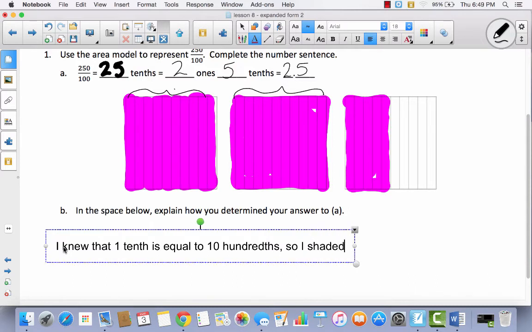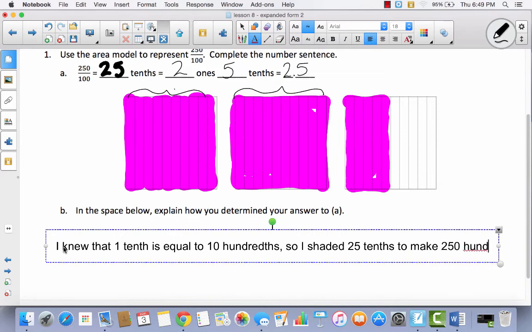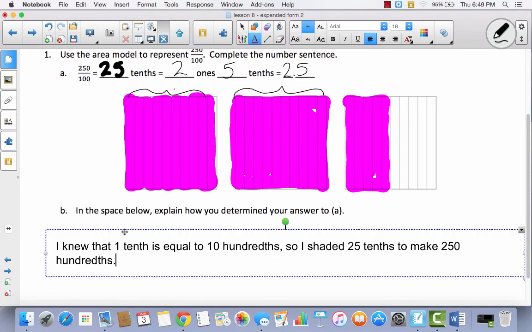So I shaded 25 tenths to make 250 hundredths. Okay, so we knew that this was equal to 10, so we shaded 10 tenths to make 100 hundredths.